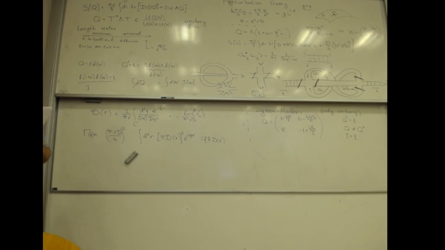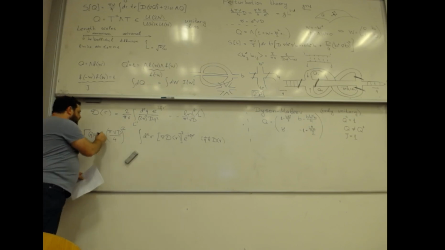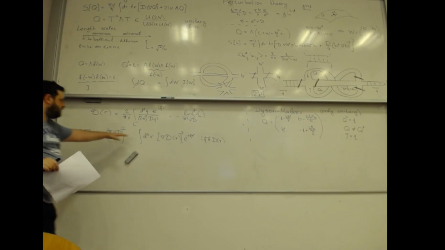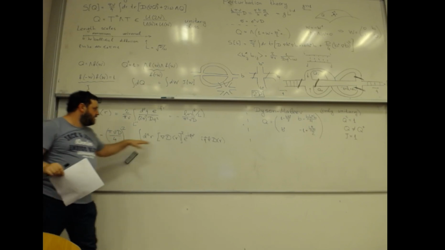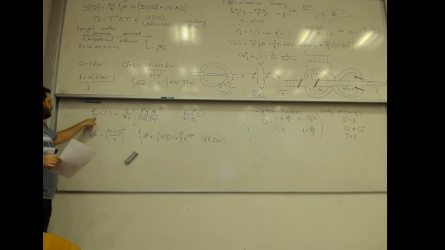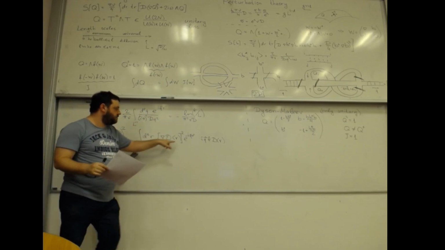This is a good question. There is an overall minus. So this is the two-dimensional integral over r that will produce this gamma. And I should insert this d, which is just a logarithm, into here.